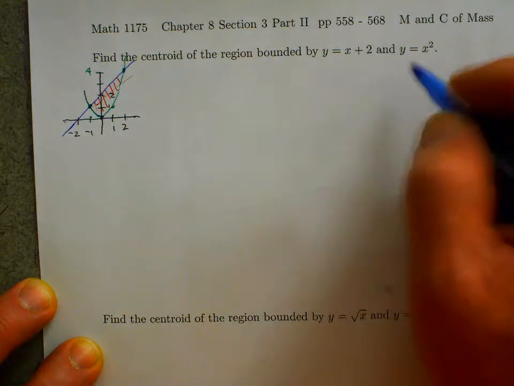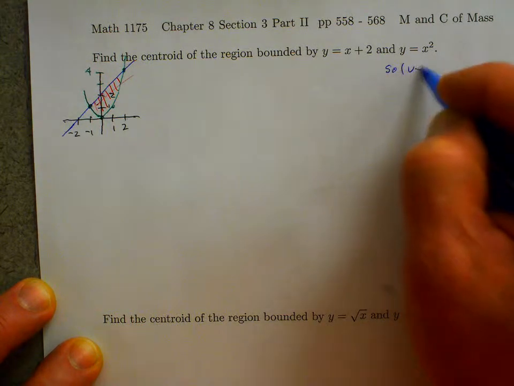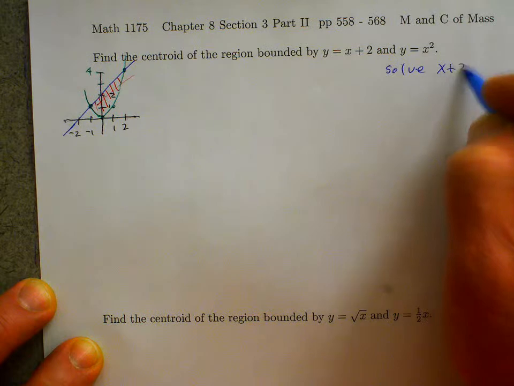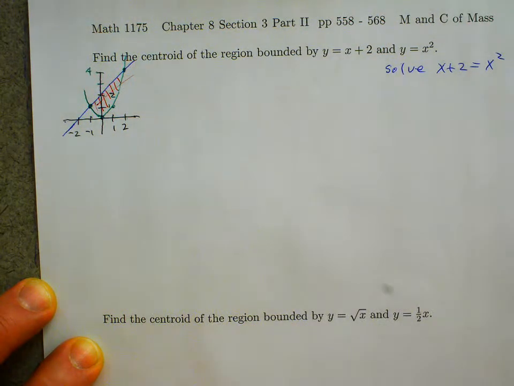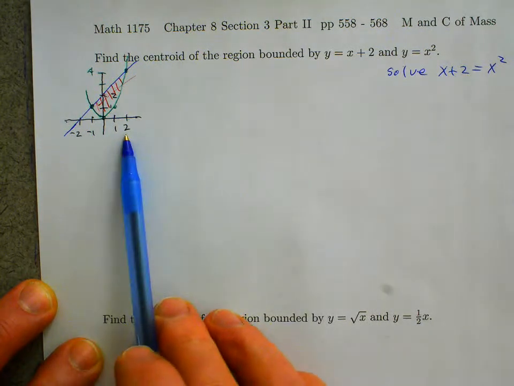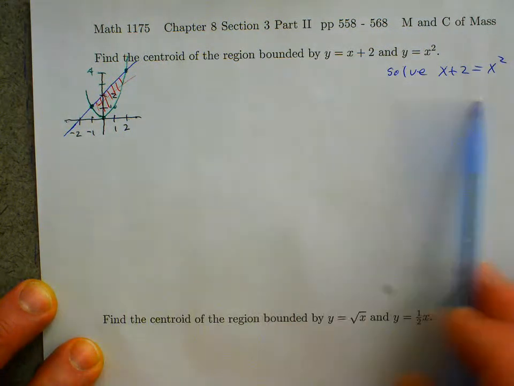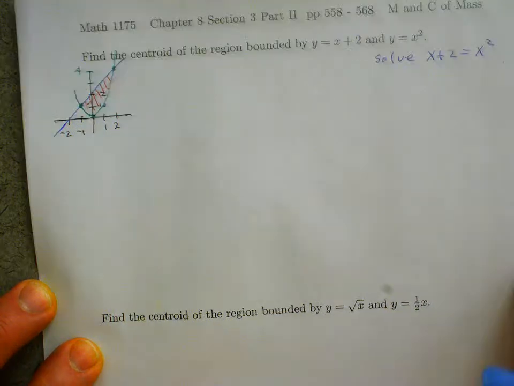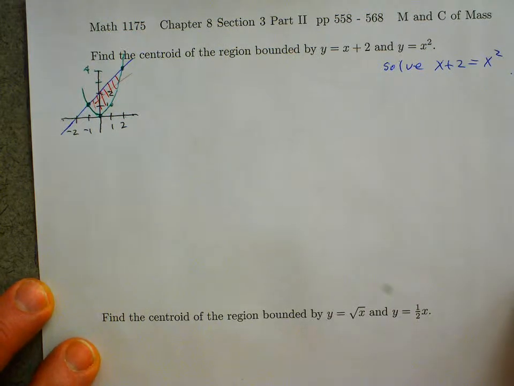If you solve x plus 2 equals x squared, you'll get x equals -1 and x equals 2. That tells you the x values where the graphs intersect.